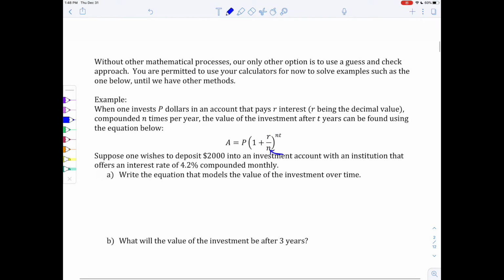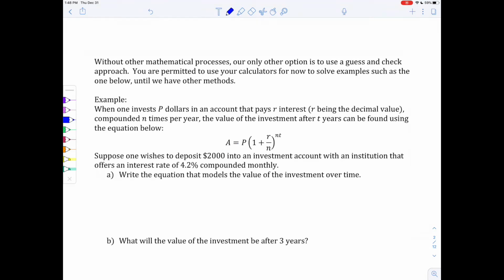N is your number of times compounded per year. And T is for time. A, I believe, is usually used for the accrued or accumulated amount, that's essentially the final amount of the investment or loan or whatever it is you're playing with.